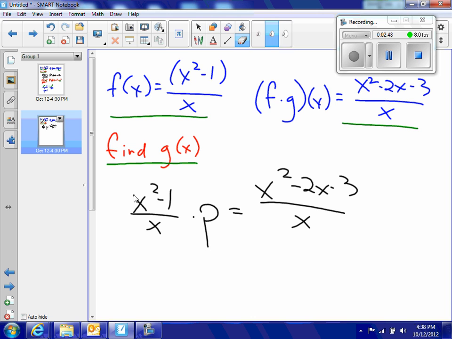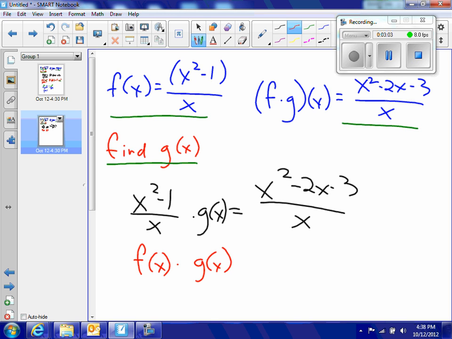So I could have removed this p right here, and I could go back and call it g of x. So I have f of x times g of x is equal to f times g of x.